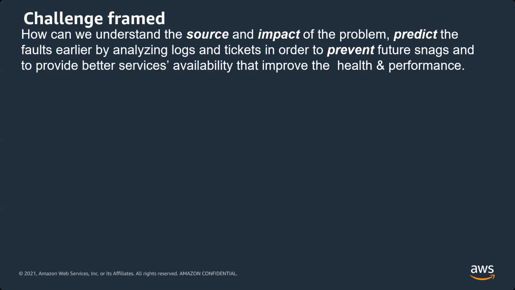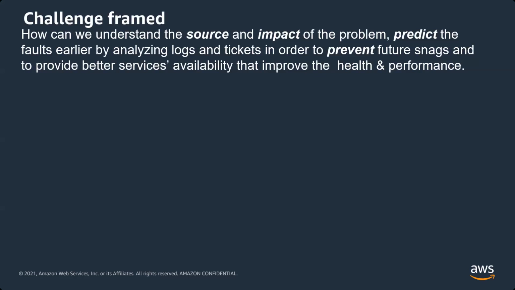The source means I need to log the backlog of problems that happened, and the impact means how many customers are impacted, how much it costs me, what the downtime is, all of these things. And predict means a functionality.